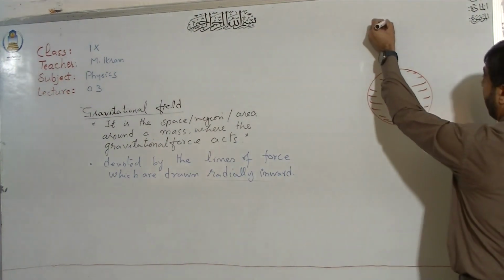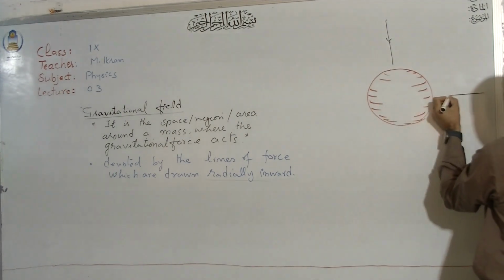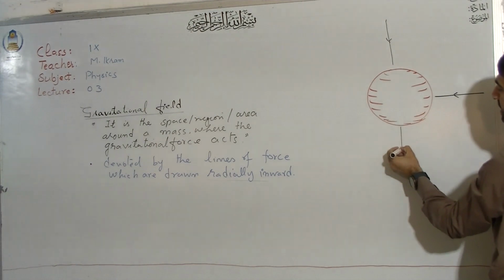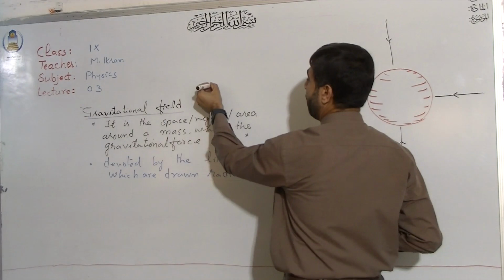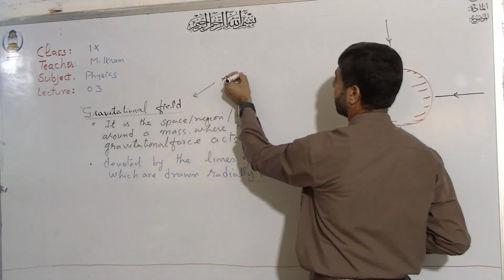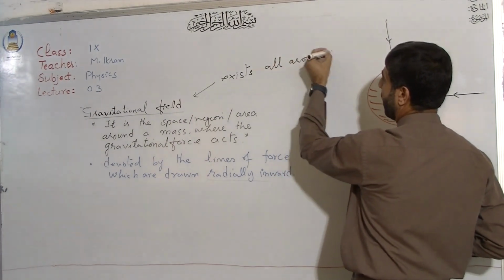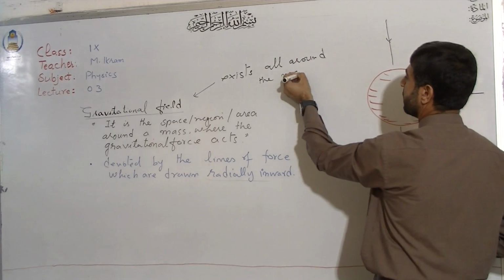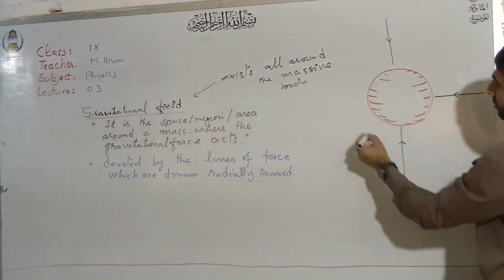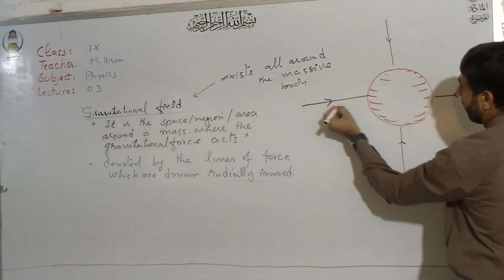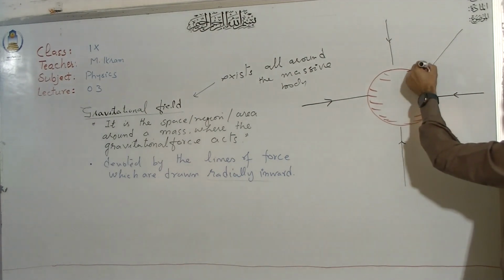Why inward? Because these are the gravitational field lines, and the gravitational field, in fact, exists all around the massive object. The massive body or object, they exist all around. They will be denoted by these kinds of lines, which are drawn radially inward.